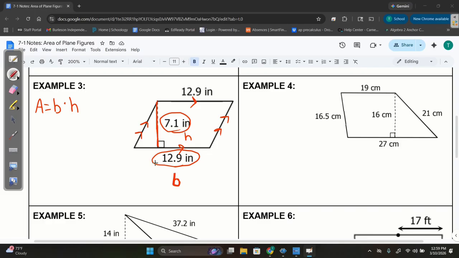Now that I've got my base and my height, all I got to do is plug it into the formula. Area equals, the base is 12.9, the height is 7.1. Multiplying those two things together, I get 91.59. The unit is inches squared.